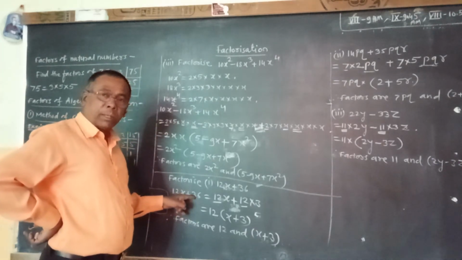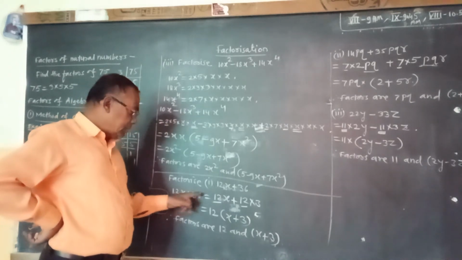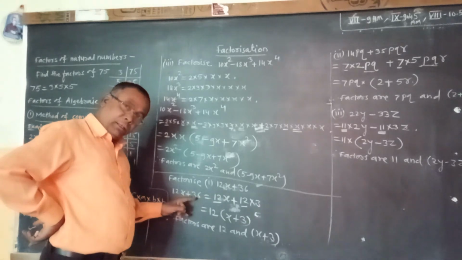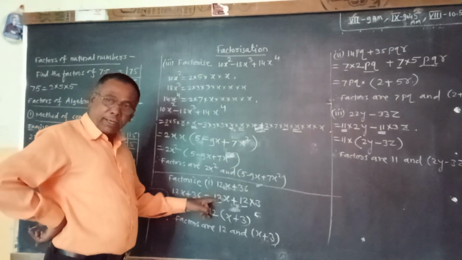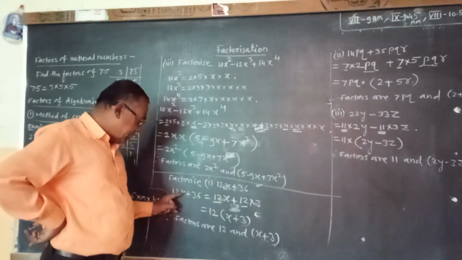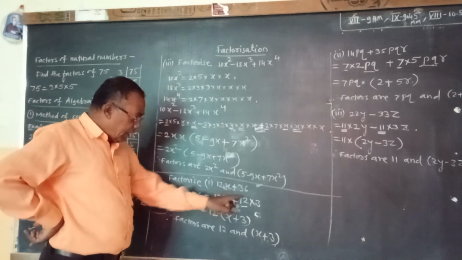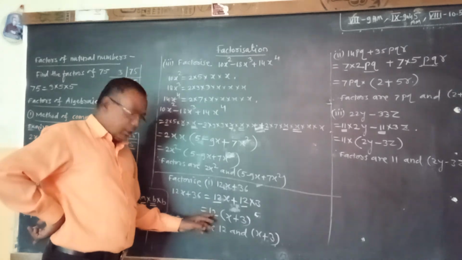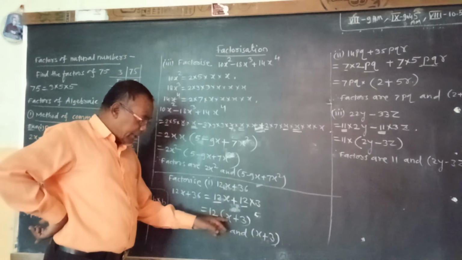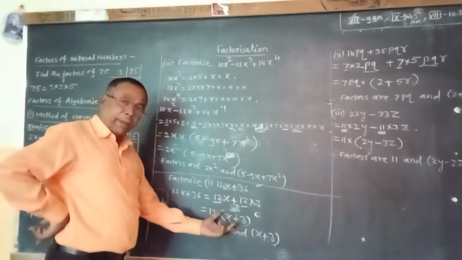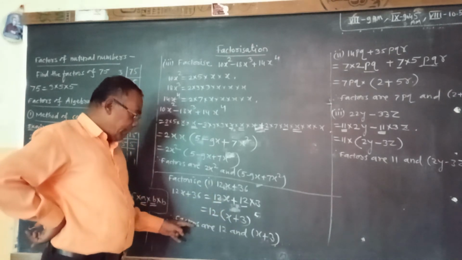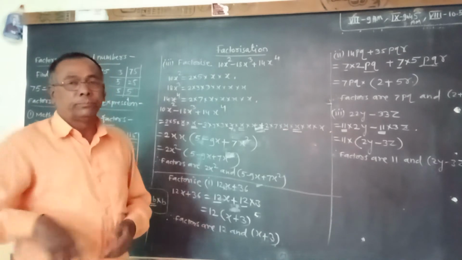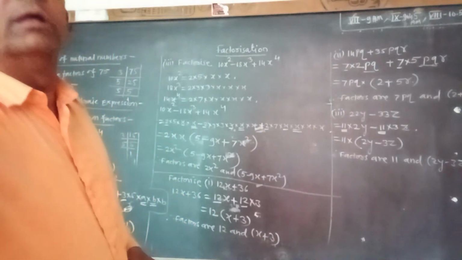There is one number, that is 12. 12 can divide 12 and 12 can divide 36. So 12 can be taken as a common, and the remaining terms are x plus 3, since 12 3s are 36. So 12 into the bracket x plus 3. These are the factors of the given expression. So the factors are 12 and x plus 3.